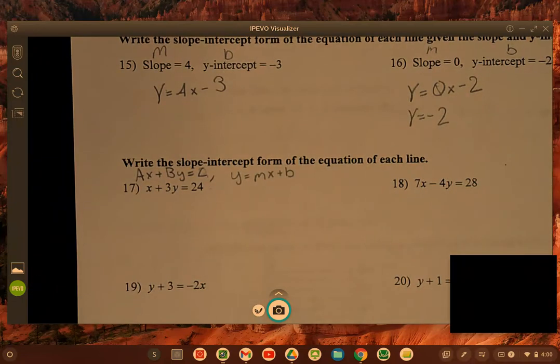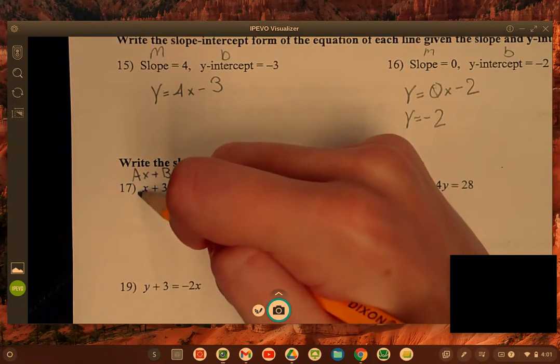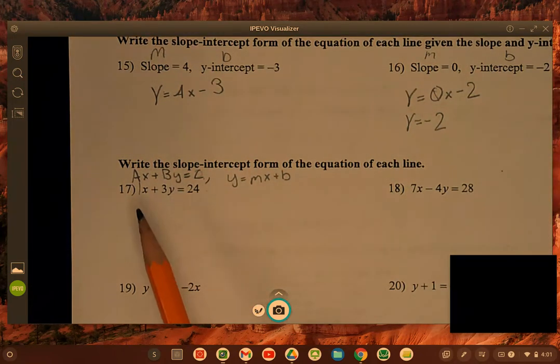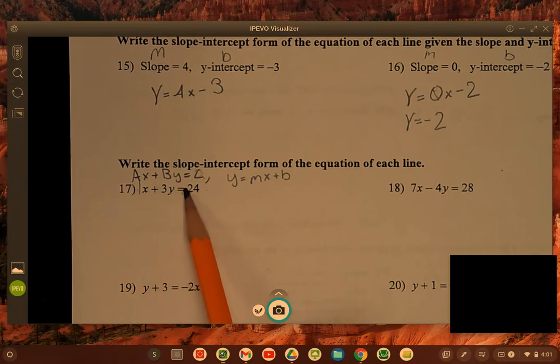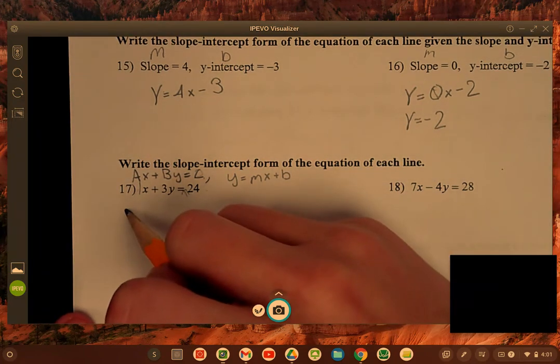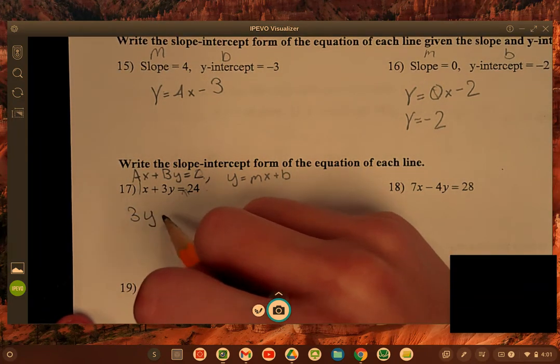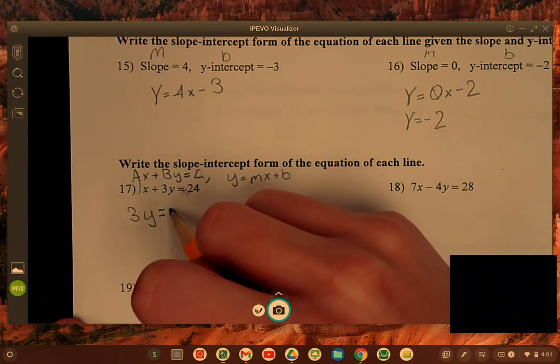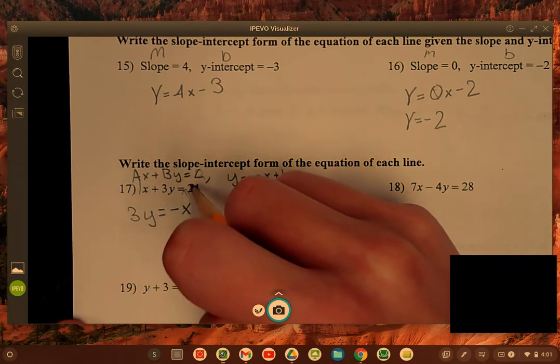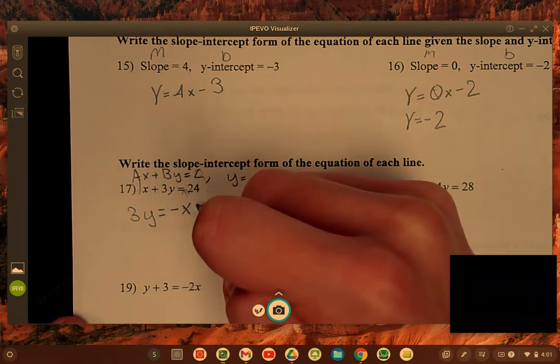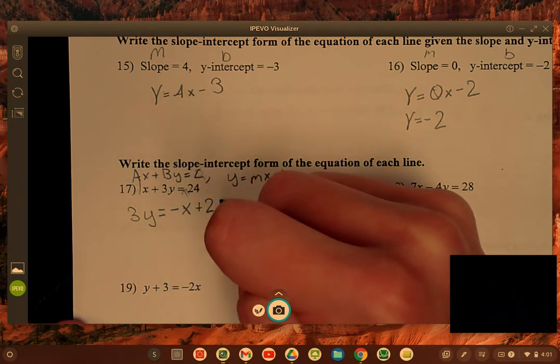Okay, so now we have to get it in that way. This is technically just a 1x. So we're going to move that 1x to over here by making it a negative 1x, or just negative x. So that will leave us with 3y equals negative x, and that's a positive 24, so it's going to be plus 24.